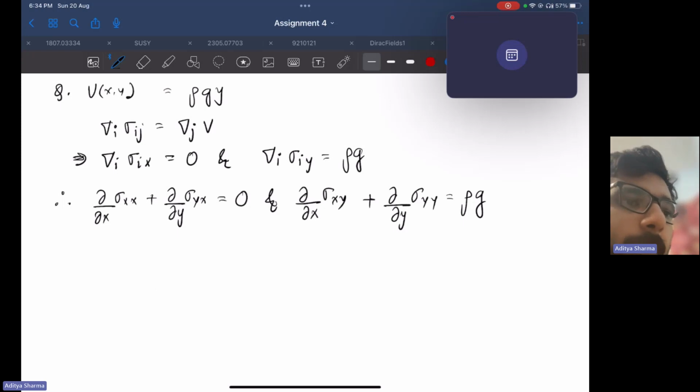There are two equations and three unknowns. These are going to be the equations. We can't solve it exclusively.